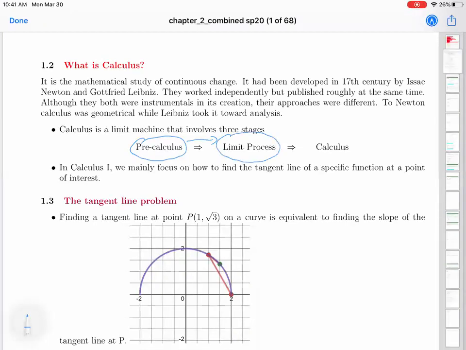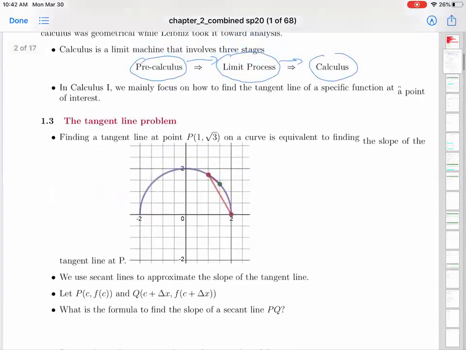And then after the limit process, you arrive at the ideas of calculus, which is the study of continuous change. So in calculus 1, mainly we'll focus on how to find the tangent line of a specific function at a point of interest. Let's look at an example below here.